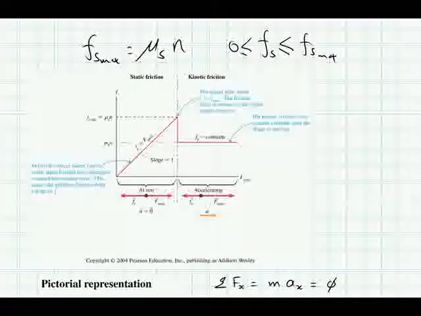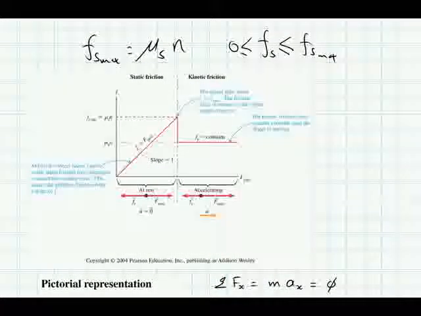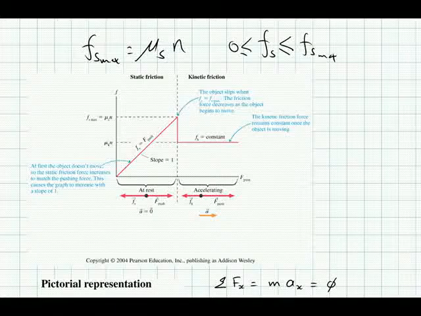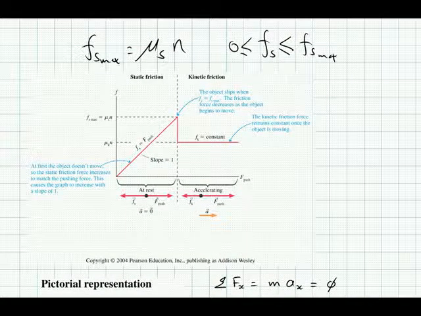Just a reminder on friction, what we discussed in the last lecture. The types of friction that we're going to be dealing with mainly are either static friction or kinetic friction.